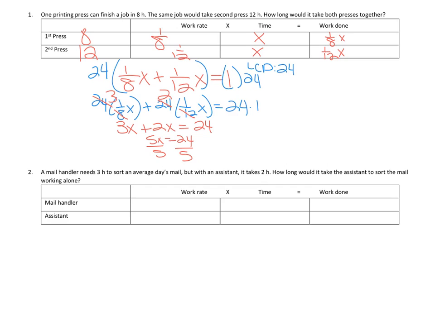No, you don't really think about time in terms of an improper fraction, so it would be more appropriate in this problem to change it to a mixed number. So 24 over 5 as a mixed number would be what? 4 4/5 hours. Because now when I see it written like this, I can see it takes them a little less than 5 hours to print the entire book when they're both printing together.